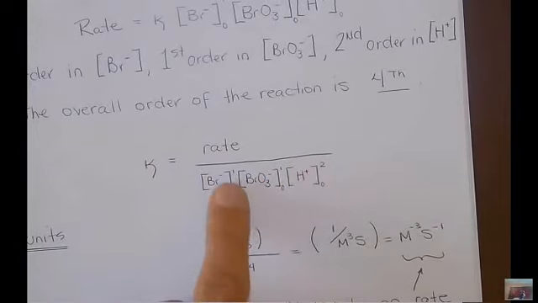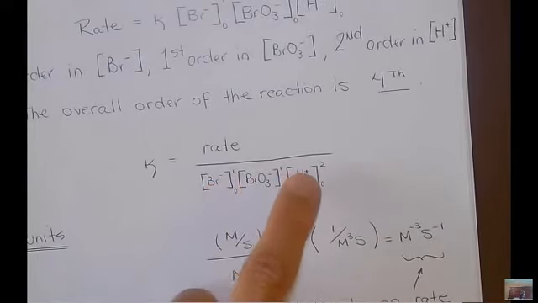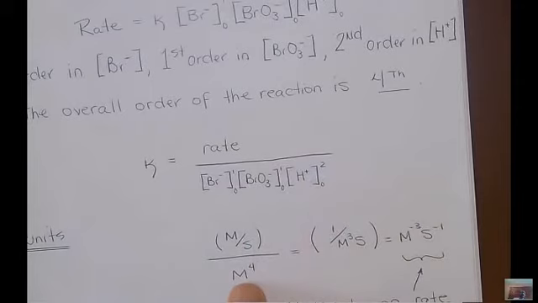So that's 4 molarities, molarity to the 4th power. I have 1 molarity in the numerator and 4 molarities in the denominator, so one of these cancels and I get my units.